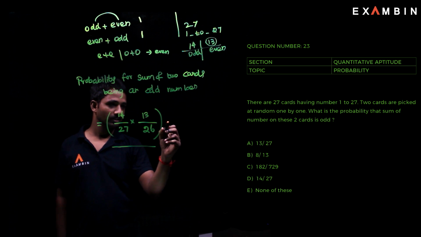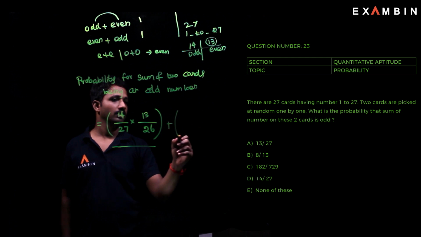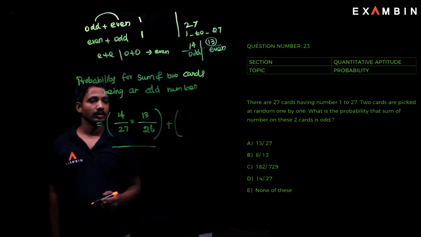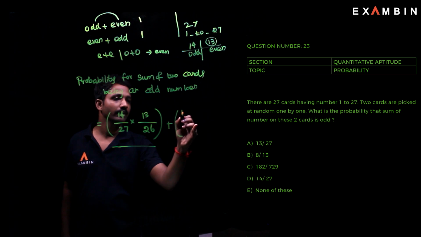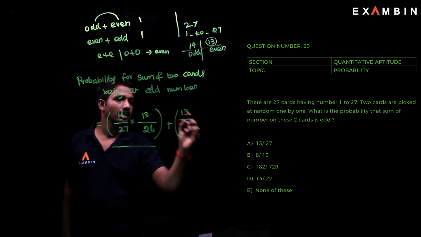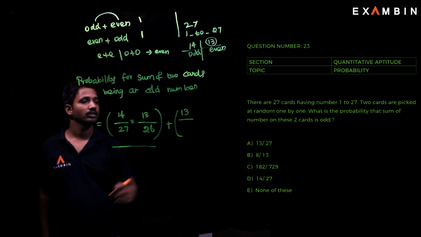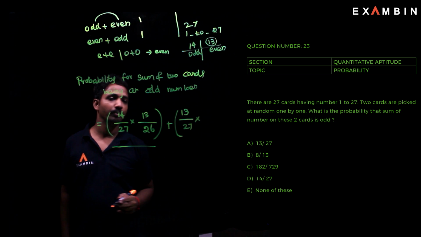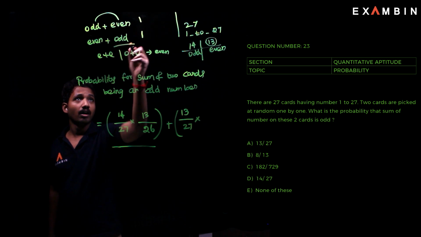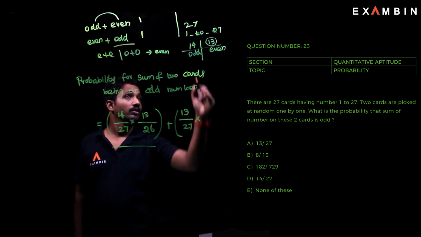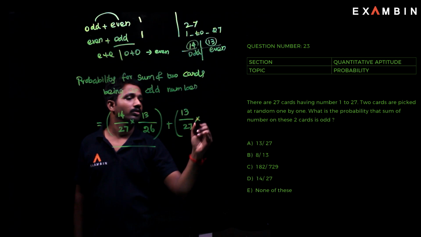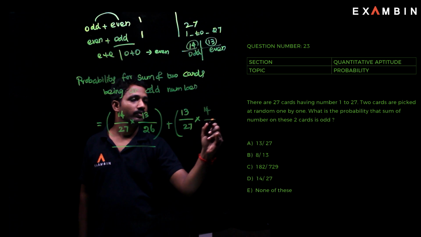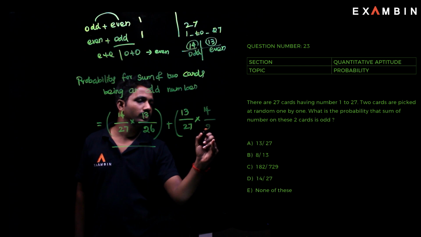The next thing is even-odd. The first card being an even number is 13 by 27. The second card being an odd number: there are 14 odd cards available, and already we have taken out one card, so here 26.